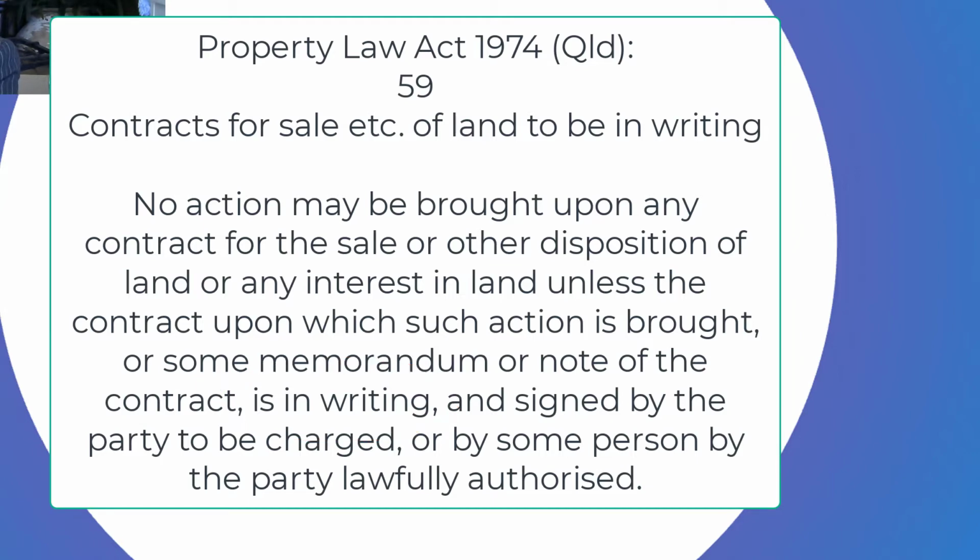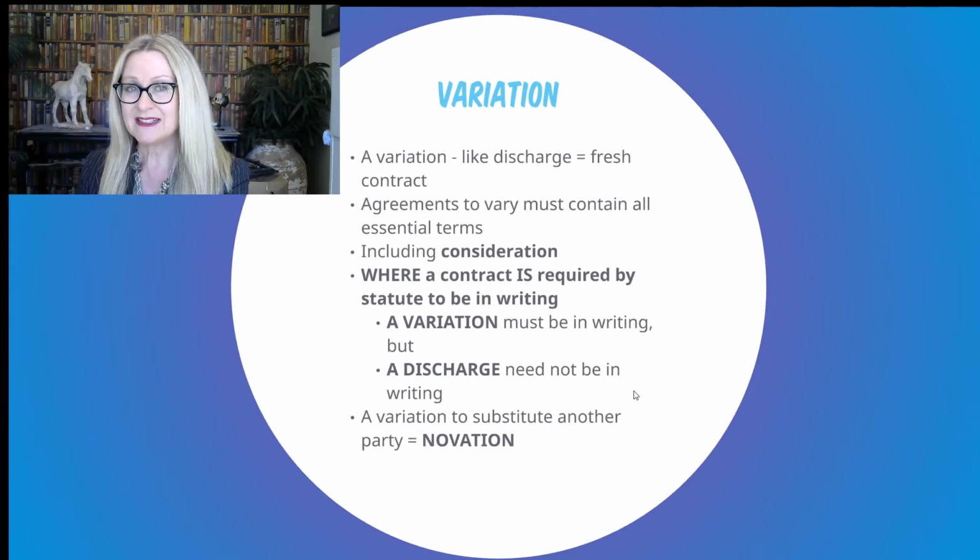You can't orally vary a contract that's required by the statute of frauds legislation to be in writing. You can discharge a contract required to be in writing by that legislation orally, but you cannot vary it orally. Okay, that's the issue of variation.